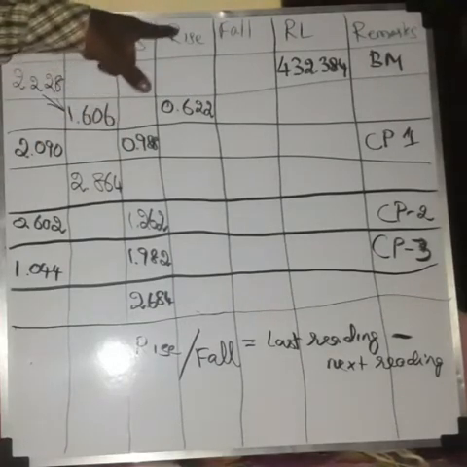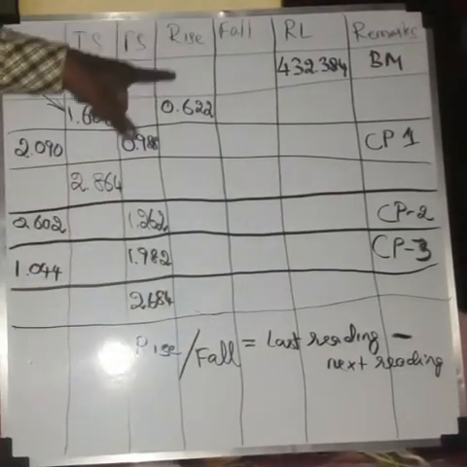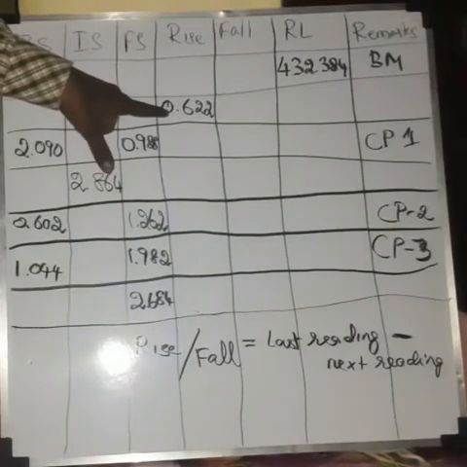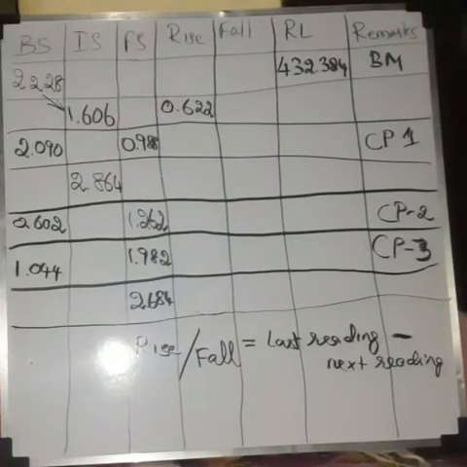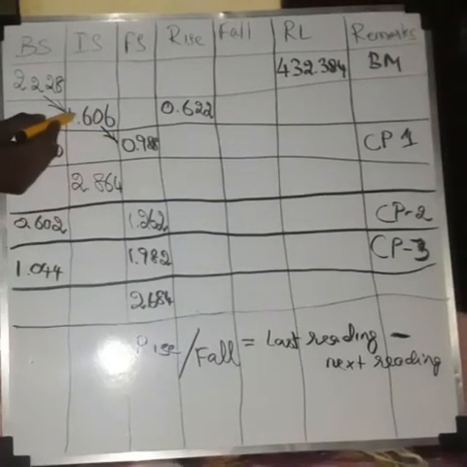The positive value is rise, the negative value is fall. So I wrote the difference in the rise column.